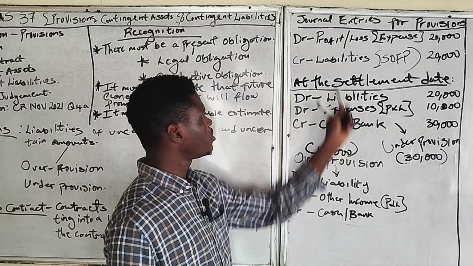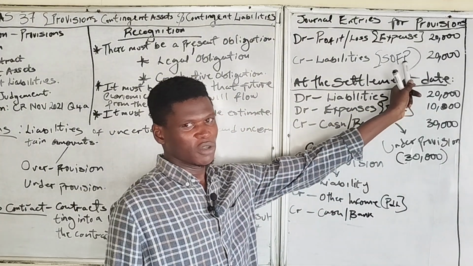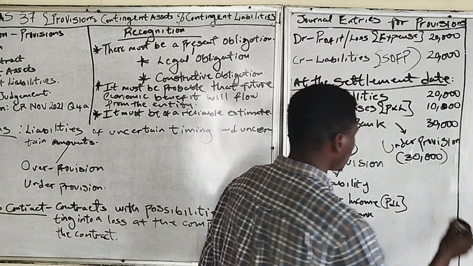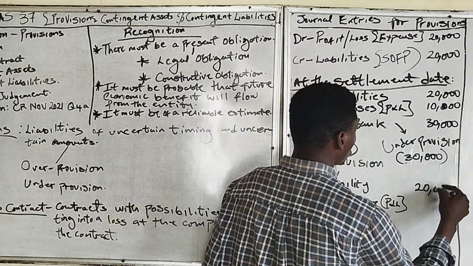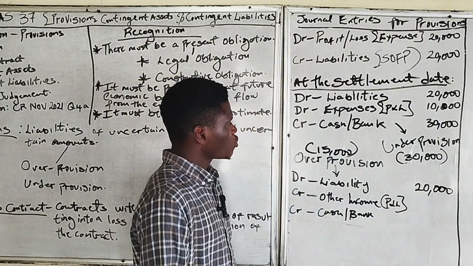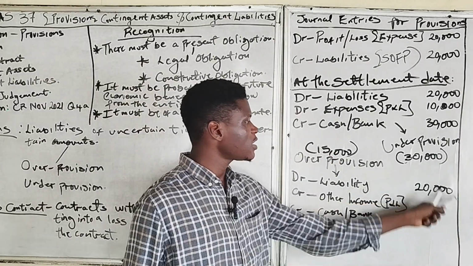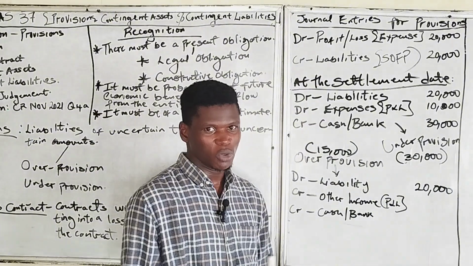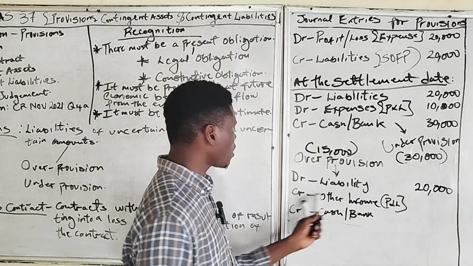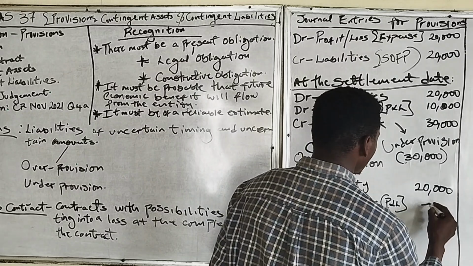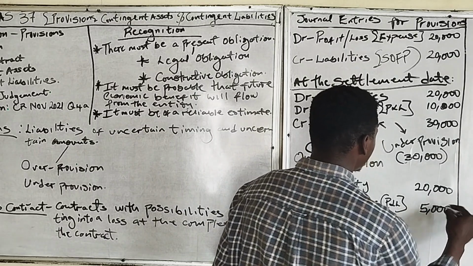We recognize the provision which we initially recognized. We are to pay 15,000, meaning there is an excess of 5,000 which we are not going to pay. So that 5,000 will be taken as an income to the P&L account.